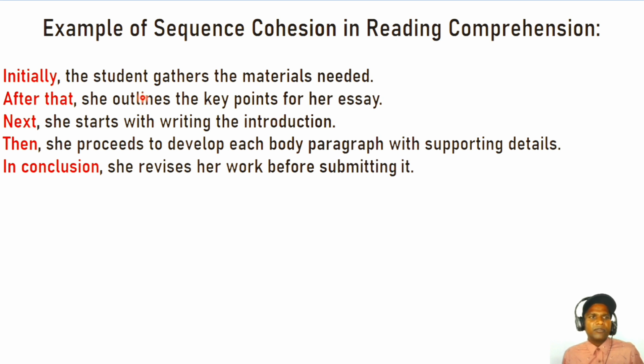The cohesive words are such as initially, after that, next, then, in conclusion. Keep these types of words in mind, and maintain the cohesive rule while you're doing the reorder paragraph in PTE.